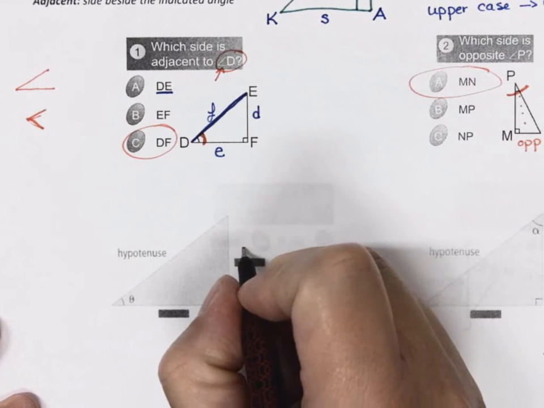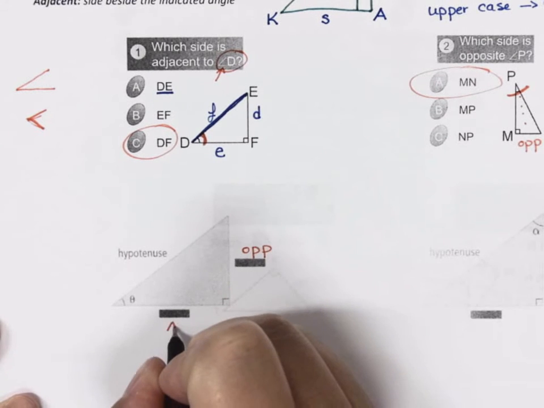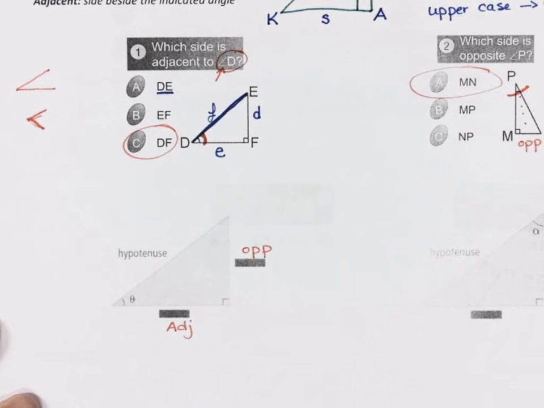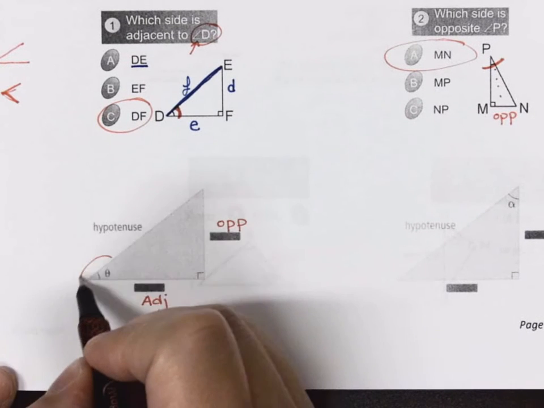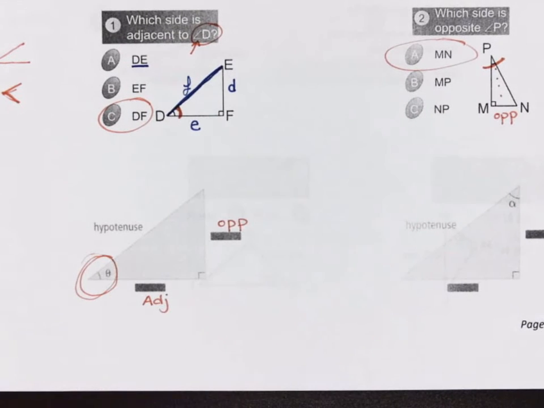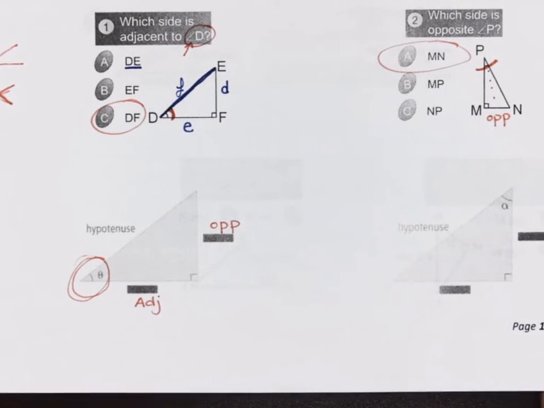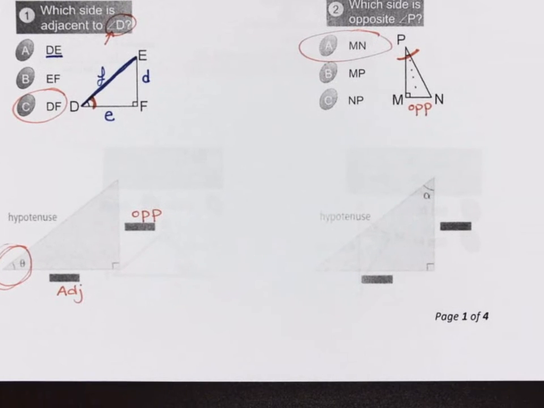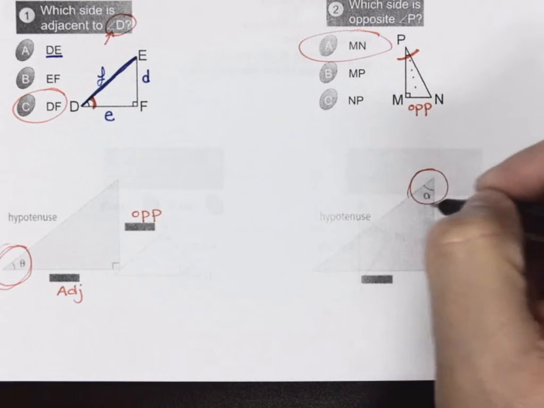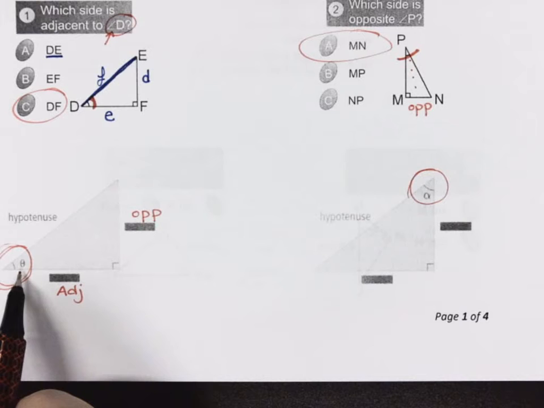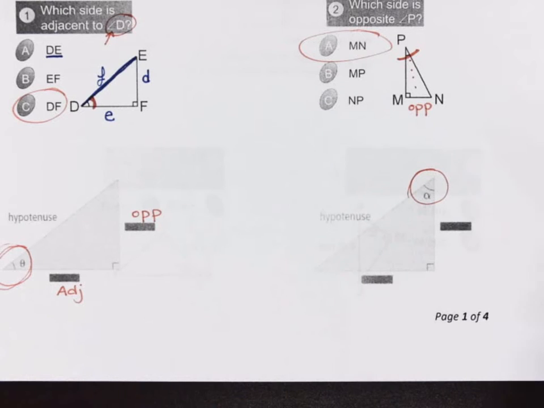So if I do this really quick, this side is the opposite. That's the adjacent. You all knew that, right? Because the indicated angle is down here. And this one over here, the indicated angle is now up here. So this one used theta, as you can see, theta is being used here for the angle. And what letter is this one?